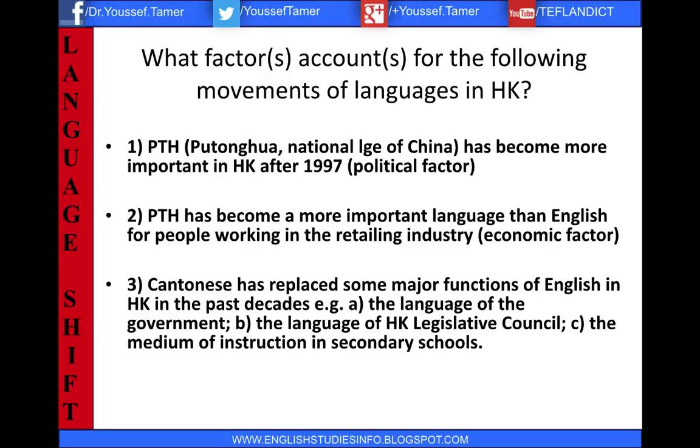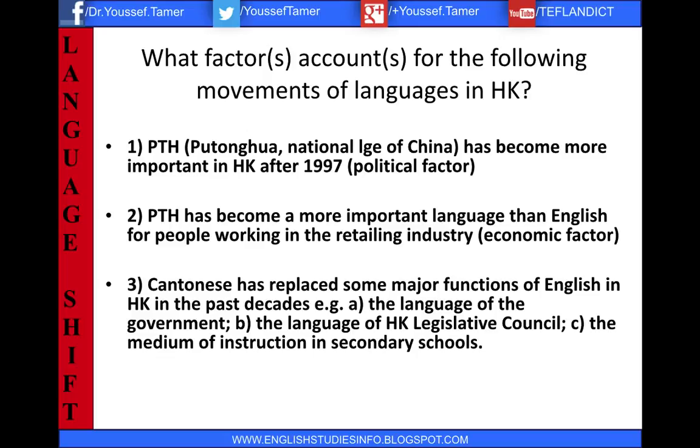In the sense that Cantonese has started to become the language of the government instead of English. Before independence, it used to be English, but after independence, it starts to be Cantonese. It became the language of the Hong Kong Legislative Council, law. So Cantonese has become more powerful in this regard as well.